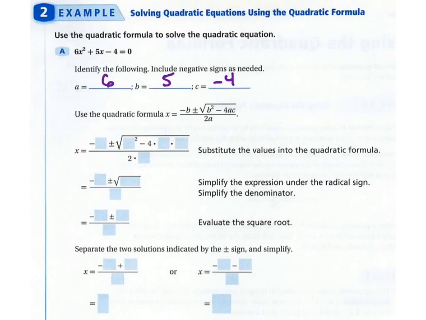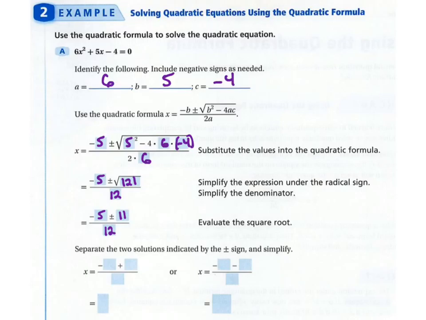So x equals negative 5 plus or minus root 5 squared minus 4 times a is 6 and c is negative 4, over 2 times a, so 2 times 6. And now we're going to simplify it. 5 squared minus, I'll do this on a piece of scratch paper, we'll end up with negative 5 plus or minus root 121 over 12.